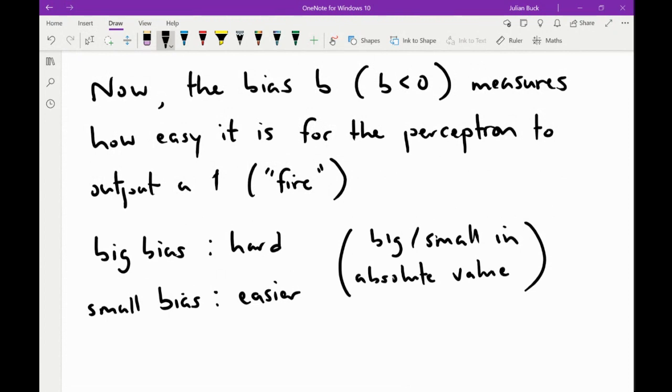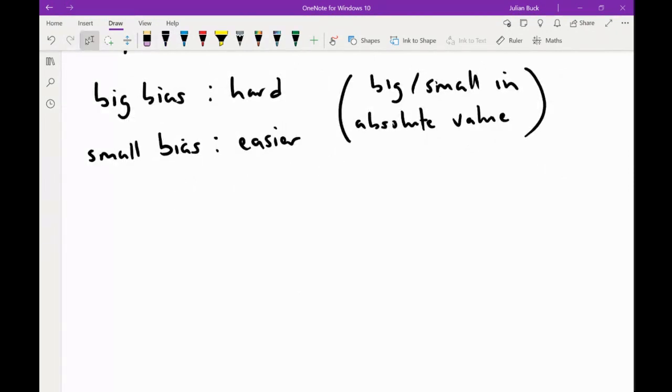So let's look at our perceptrons and how we could draw these now in this notation. Remember that a perceptron diagram takes the following format.